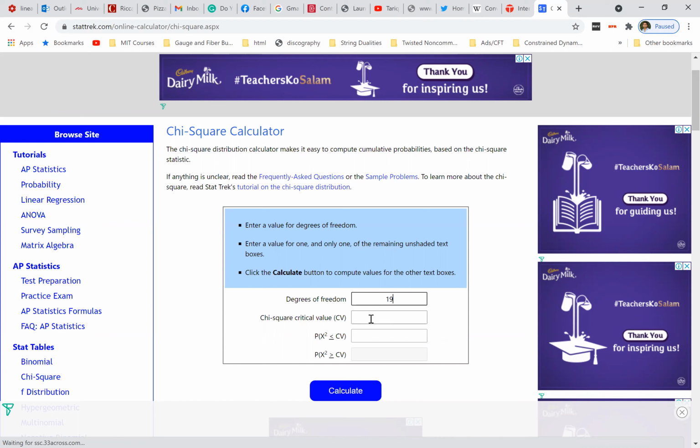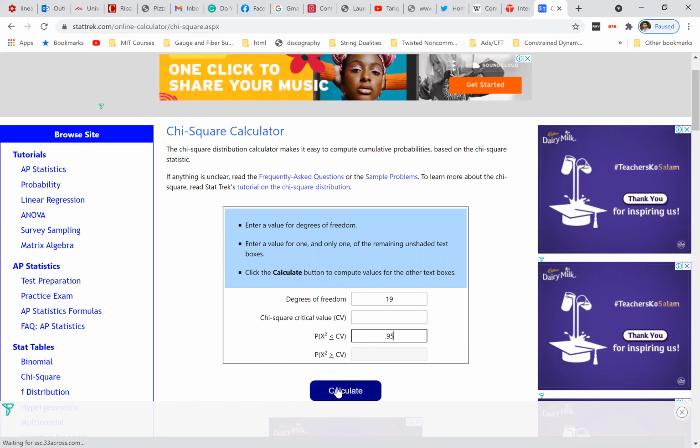And the critical value we are after, so I'm going to leave this field like that. And since it computes the cumulative probability, so it keeps the chi-square less than this critical value, I should put in 0.95. So it gives me a value of 30.1.